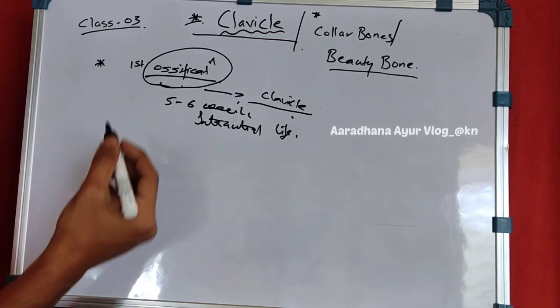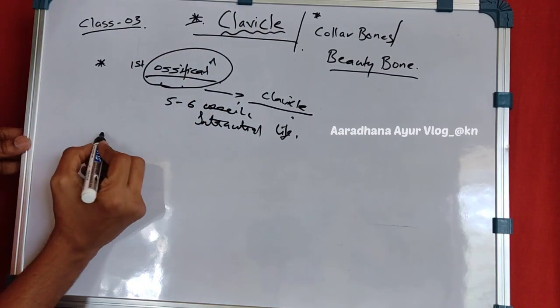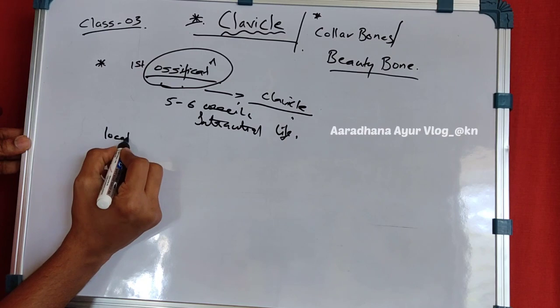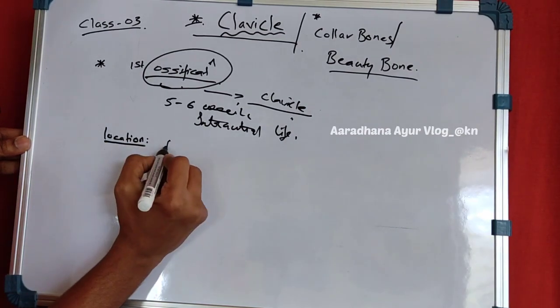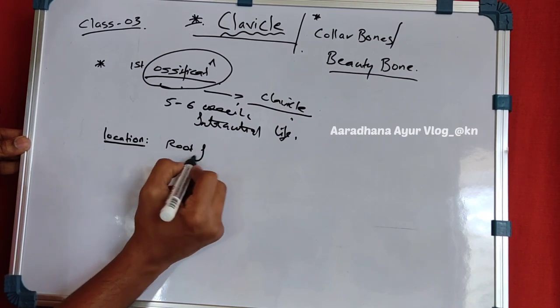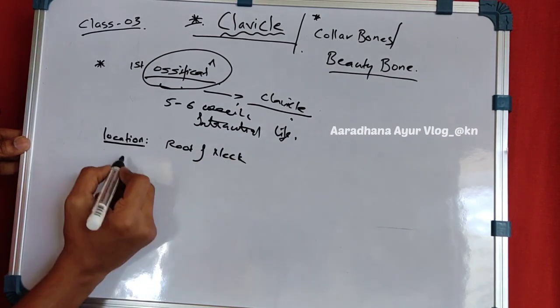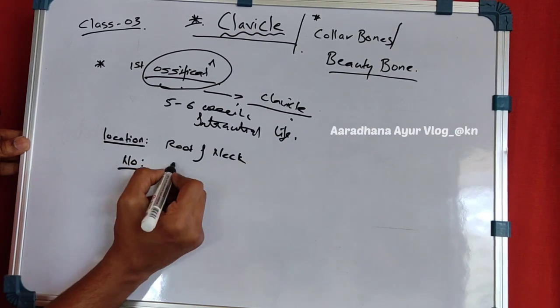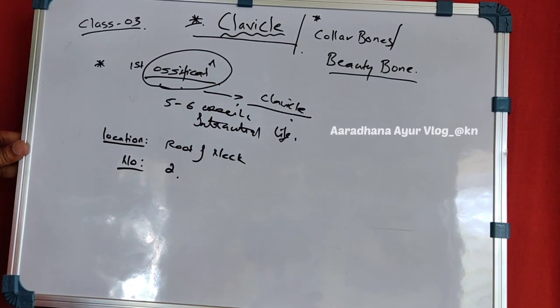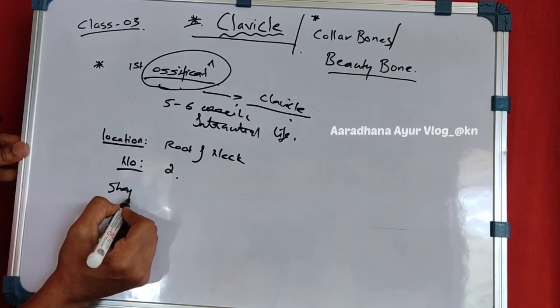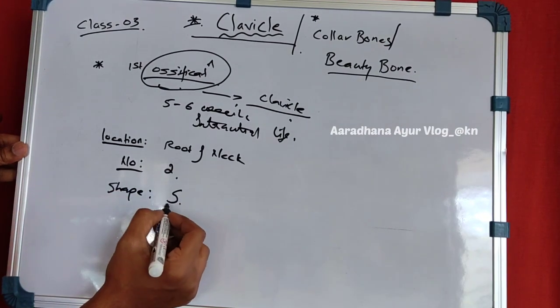Next we want to know the location of the clavicle. It is located at the root of the neck. And regarding the number, it is 2 in number, both sides having one clavicle. Regarding its shape, as we had drawn yesterday, it is S-shaped.